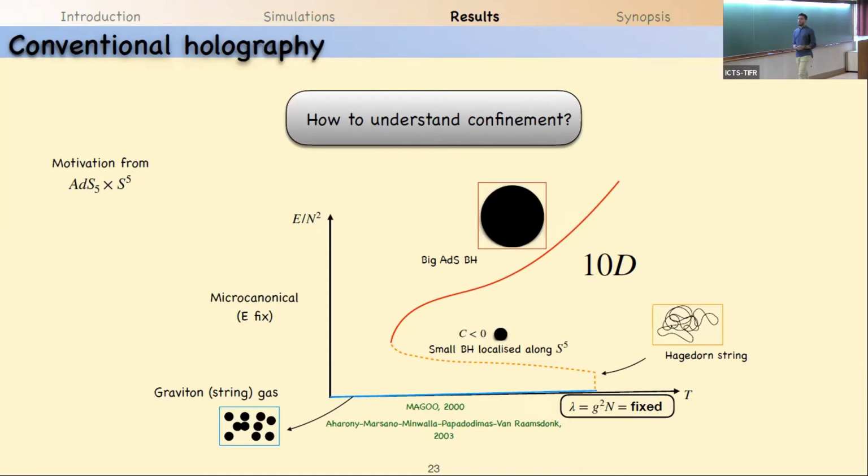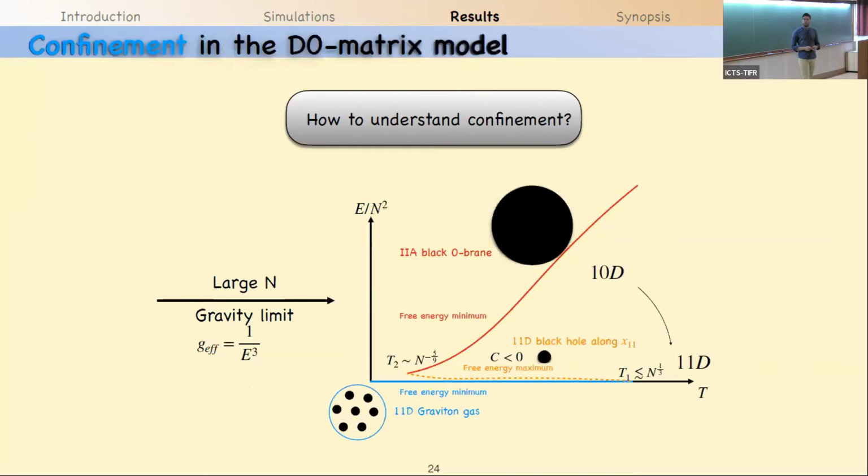So I can play the same game for the matrix model, and what we are proposing is something analogous. We are proposing that in the large-N limit and at small energies, we have the following sort of phase diagram. For high enough energies, we still have a black D0-brane in 10 dimensions. Then as we lower the energy, there is again a phase transition, but this transition, as I will explain in the next slide, corresponds to a Gregory-Laflamme instability.